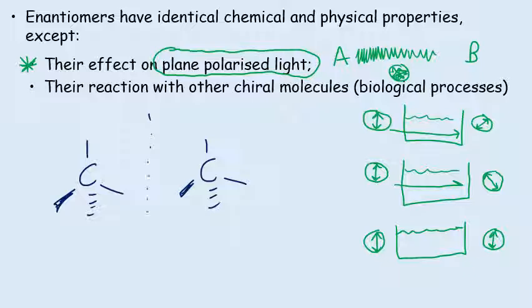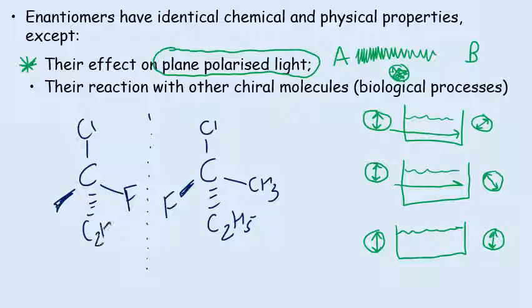Okay, so that's very important when it comes to the drug industry and biological processes, because one of these would react differently to the other in a biological process. And I'm just making this molecule up, I think I used it as an earlier example. So those are some things to look out for. Those would be two enantiomers. They would behave differently if they were reacting with other chiral molecules, which is the case in drugs and biological processes.